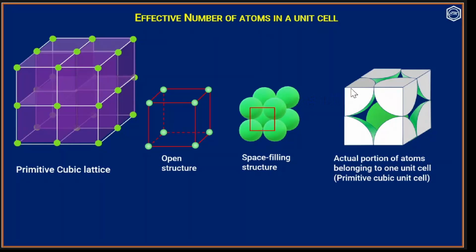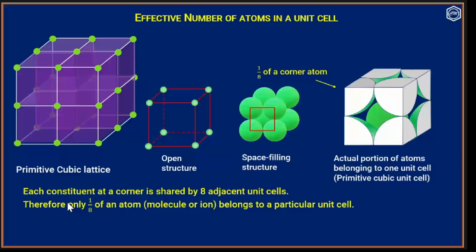So this unit cell gets only 1/8 of this corner point. So each constituent at a corner is shared by 8 adjacent unit cells. Therefore only 1/8 of an atom, molecule or ion belongs to a particular unit cell.